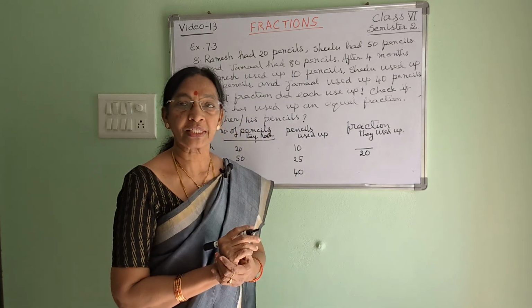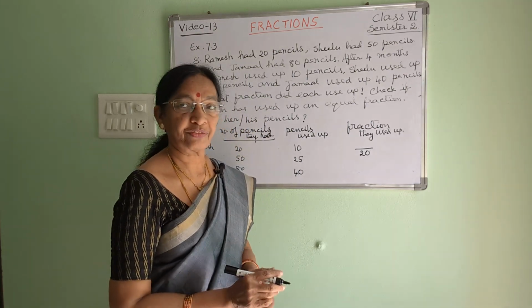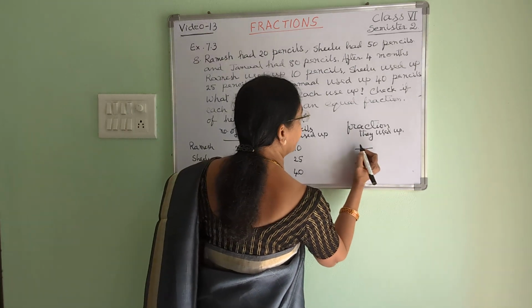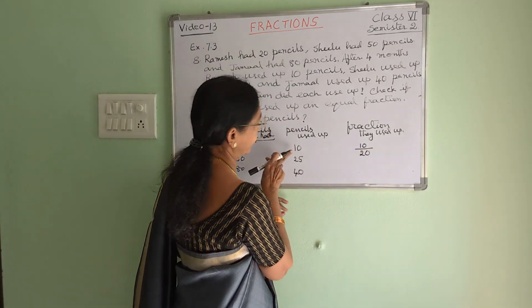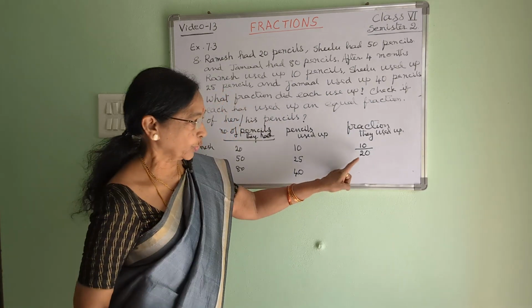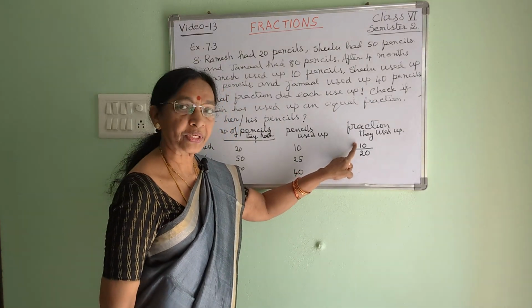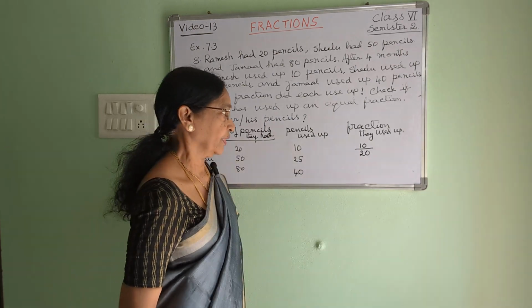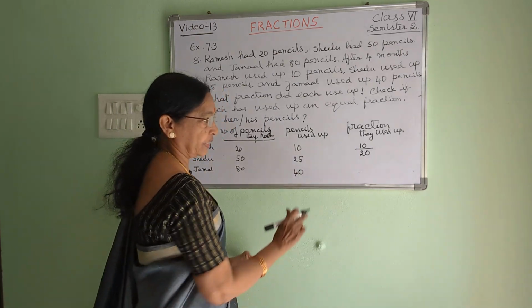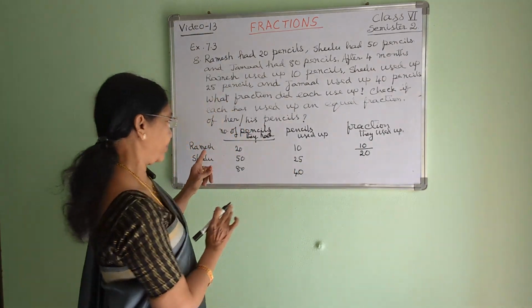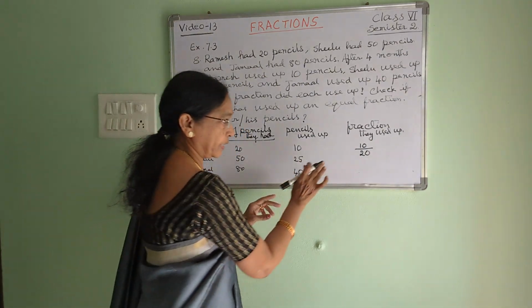We want the fraction of pencils used up. Therefore, number of pencils used up is written on the top. So, number of pencils used up here 10. So, total number of pencils initially they had. Number of pencils used up in course of time in 4 months. That is the fraction of number of pencils used up by Ramesh. So, 10 by 20.